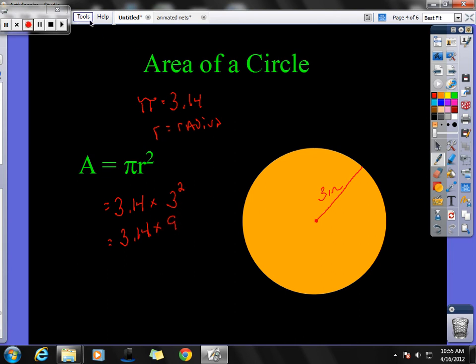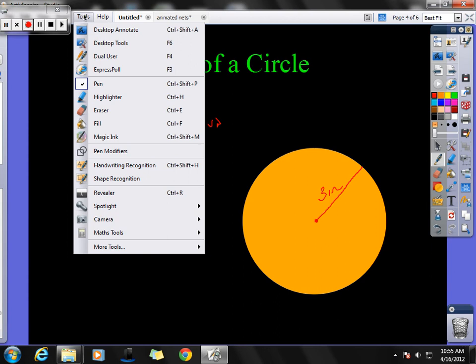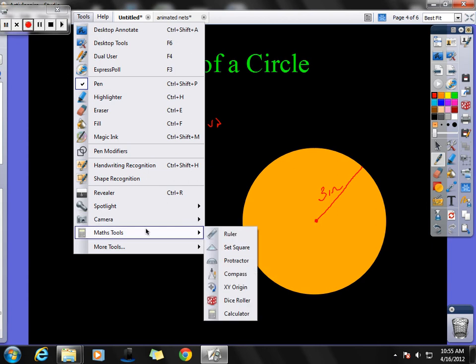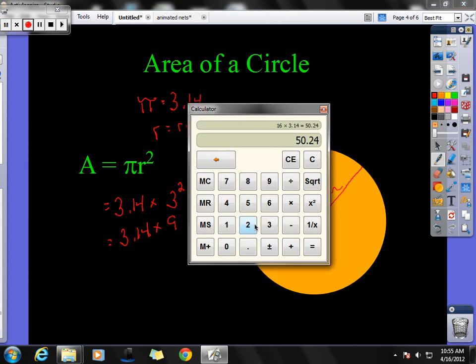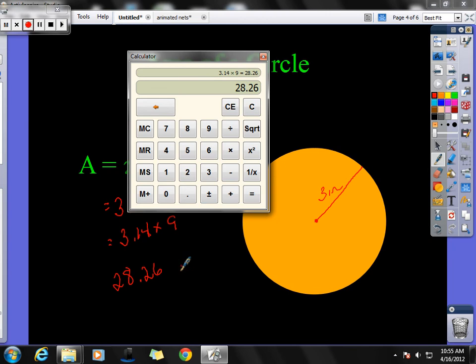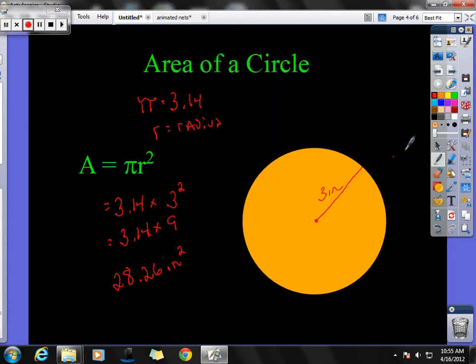And then you'll be able to use your calculators. So you're going to get your calculator out, and you will multiply 3.14 times 9 and come up with an area of about 28.26, I believe that was inches squared. So that would be the area of this circle.